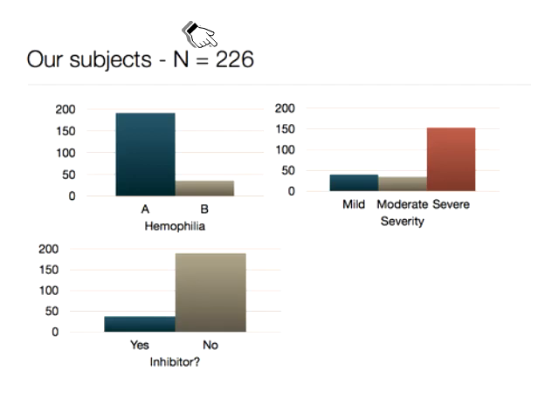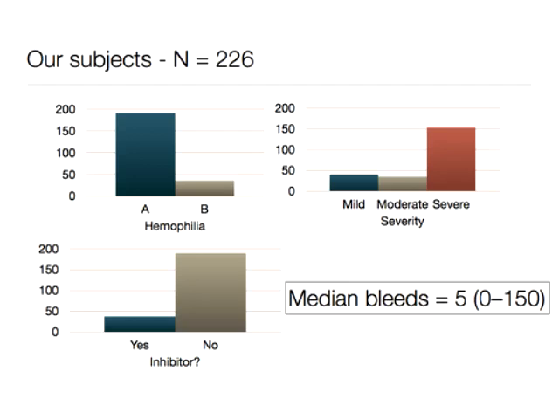We had 226 subjects in this study, the majority of whom, as expected, had hemophilia A, the majority of whom were severe, but in this setting were on lifelong prophylaxis, and only a few of whom had inhibitors. Because of the treatment, it's not surprising that the median lifelong number of joint bleeds was only 5, but it ranged between 0 and 150.